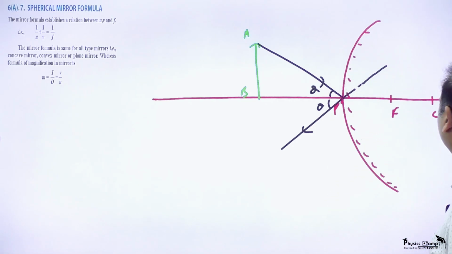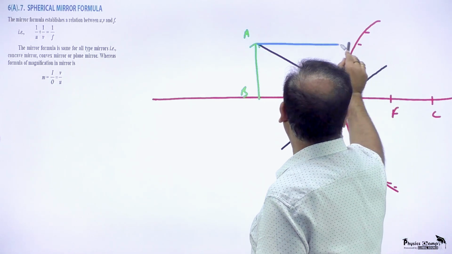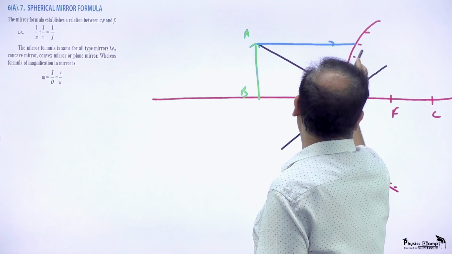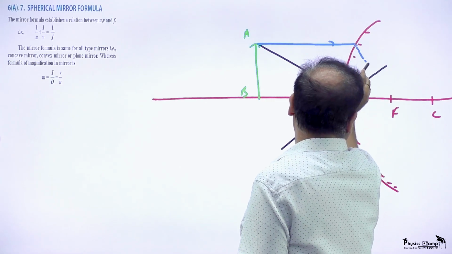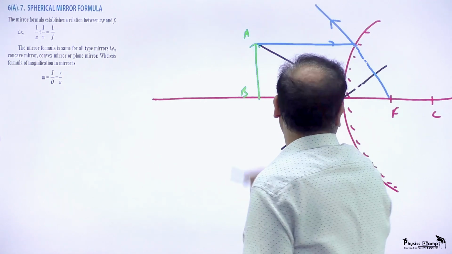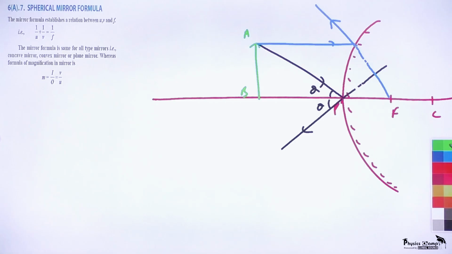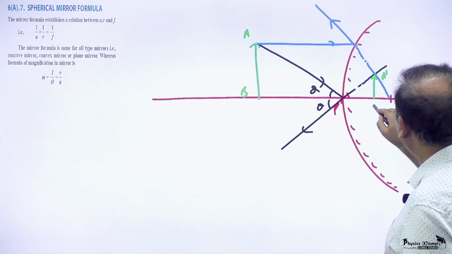And for the second choice of the ray, let's take a beam parallel and it will pass through focus. It will appear to come through focus and is actually going here. So as a result, you are getting this image here, A dash B dash, a virtual image.